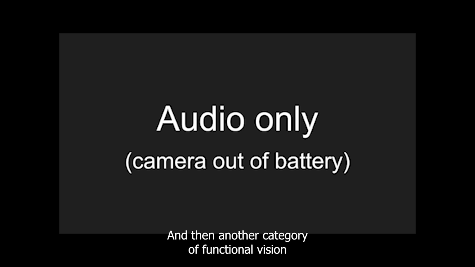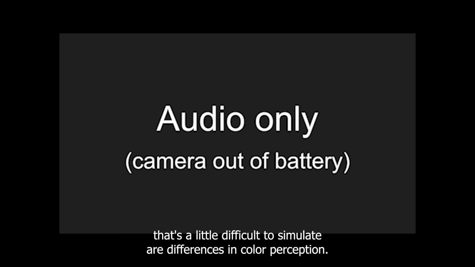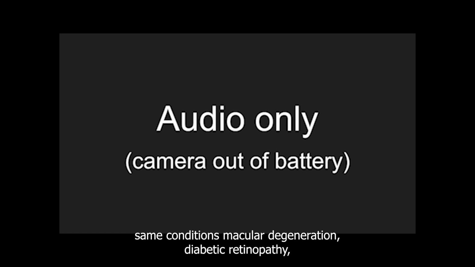Okay. And then another category of functional vision that's a little difficult to simulate are differences in color perception. Again, you'll see some of the same conditions: macular degeneration, diabetic retinopathy, achromatopsia is a really rare condition where there's a lack of color vision.